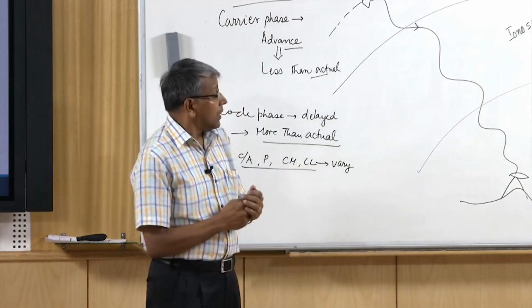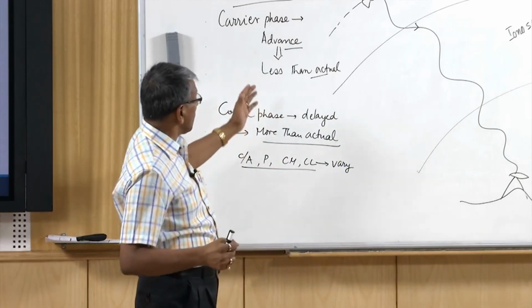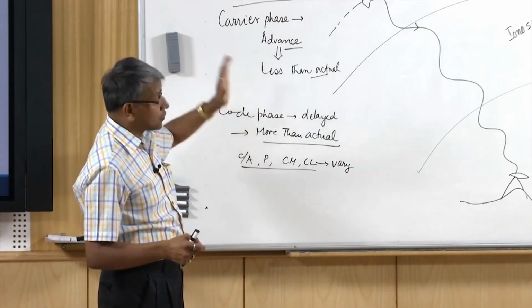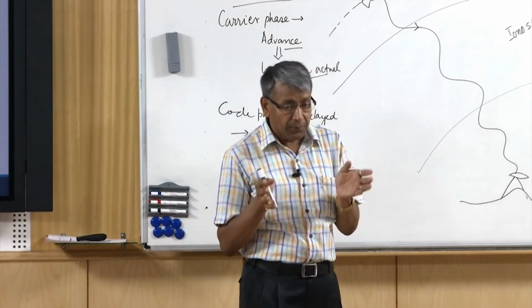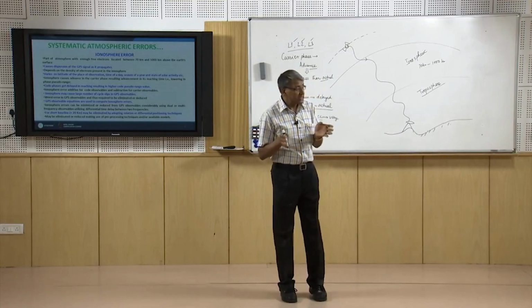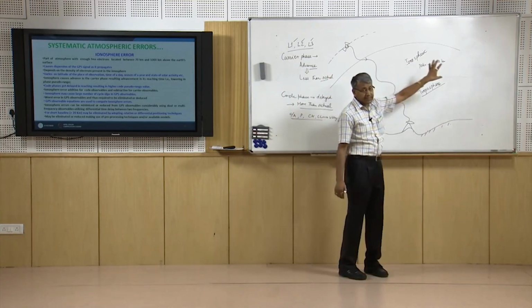In fact, rather than finding out the errors, we should try to plan our observation in such a way that ionospheric activity is least.